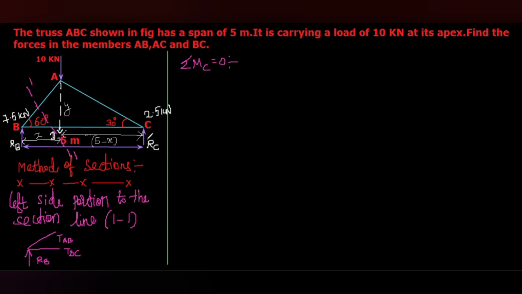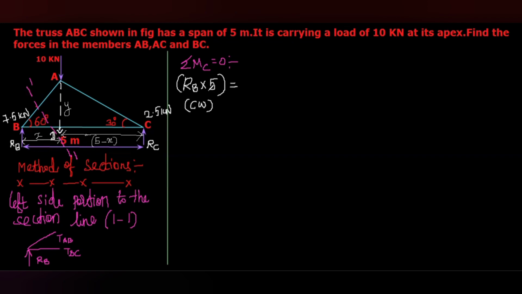So when you take moment about C, RB is an upward force multiplied with 5. This will be in the clockwise direction. That is RB multiplied with 5, a clockwise moment.